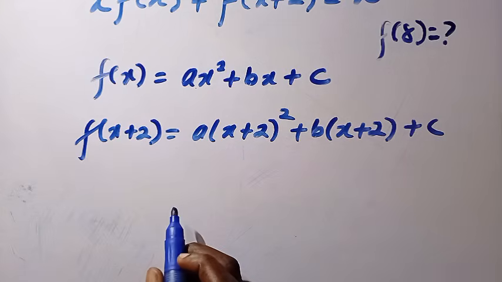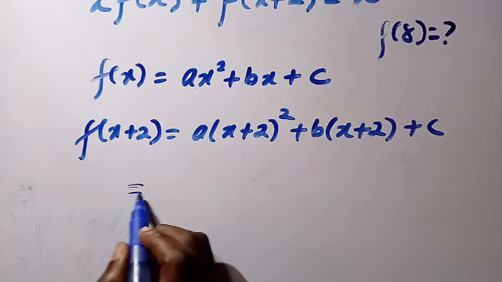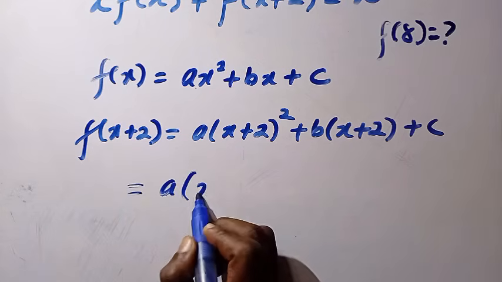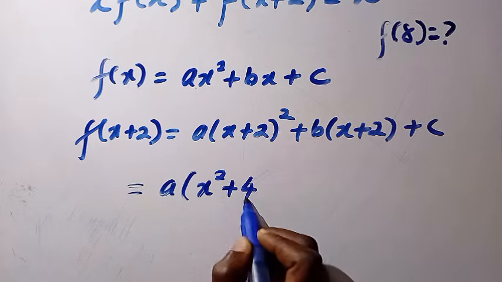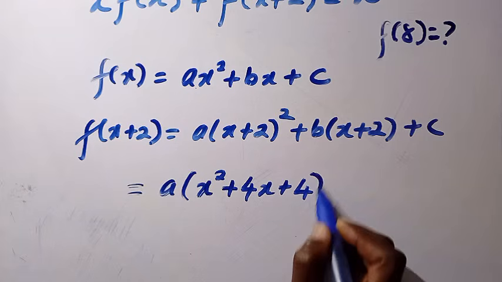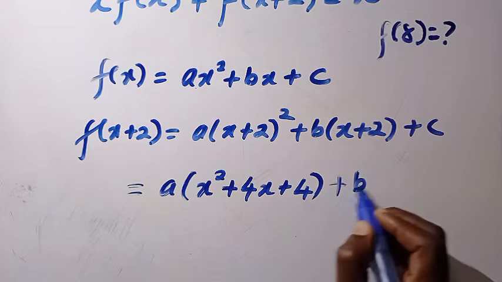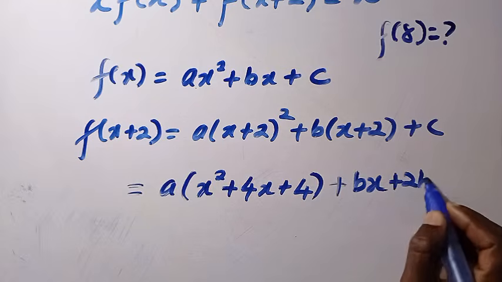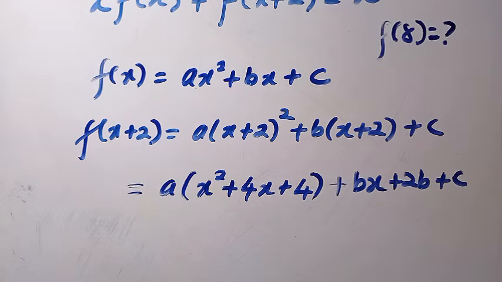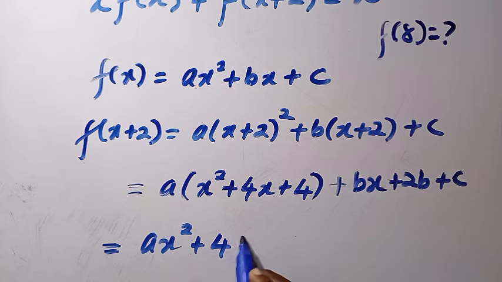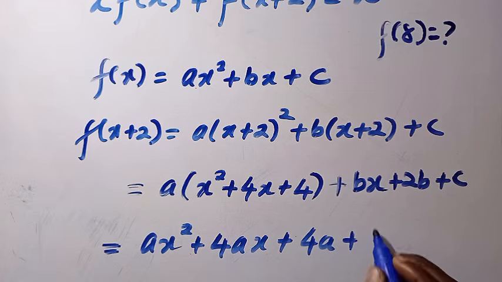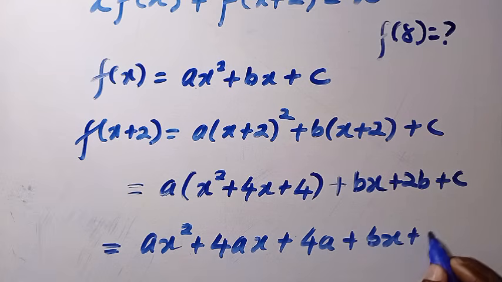If I expand this out, we are going to have a times (x squared plus 4x plus 4), then plus bx plus 2b plus c. Again, we have ax squared plus 4ax plus 4a plus bx plus 2b plus c.